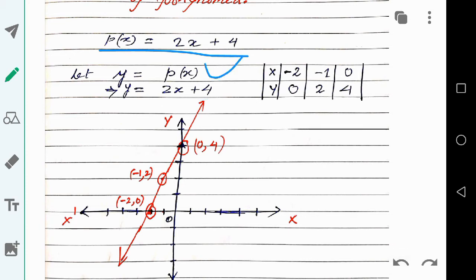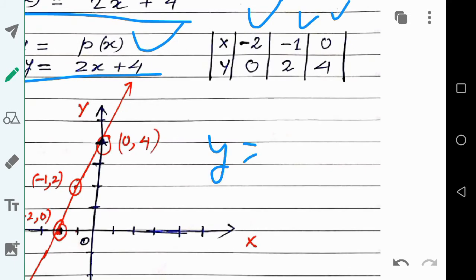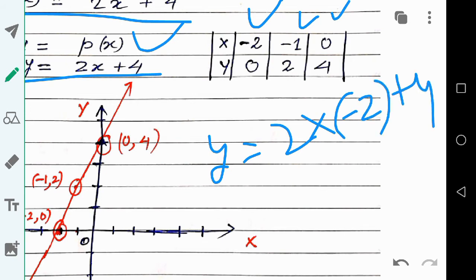Now it becomes a linear equation in two variables. So let us find three solutions in order to plot on the Cartesian plane. If you put x equal to minus 2 in y equal to 2x plus 4, then what will you get? 2 times minus 2 gives minus 4, and minus 4 plus 4 is equal to 0.